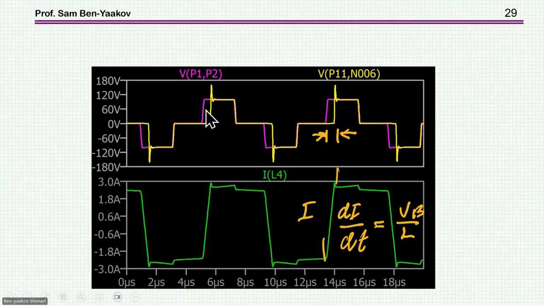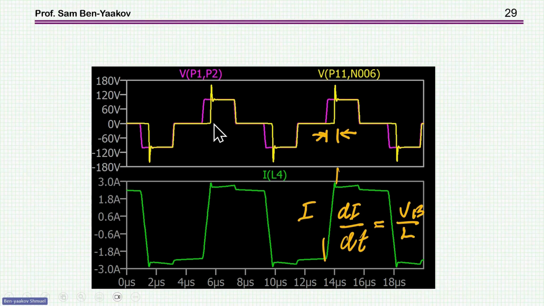So here it is. The border one is the input to the transformer, and this is the active or useful duty cycle that you have. And this difference now is a function of the inductor.